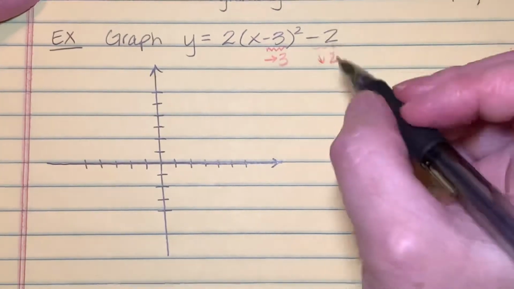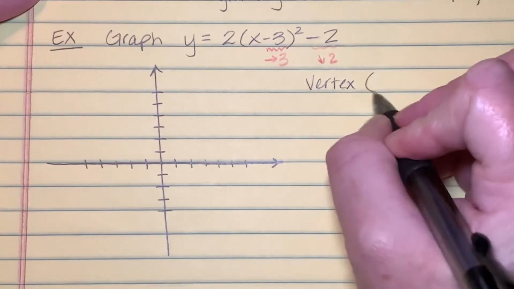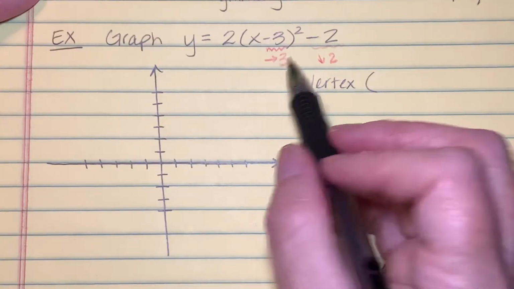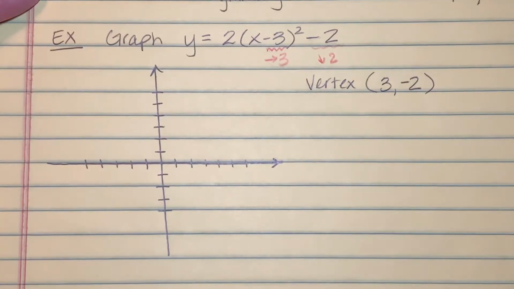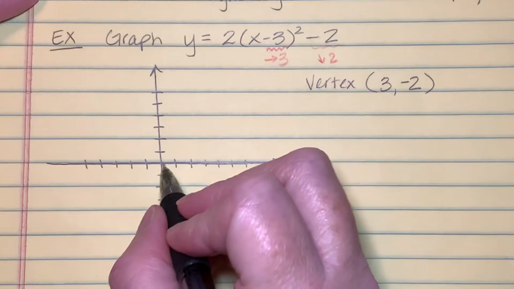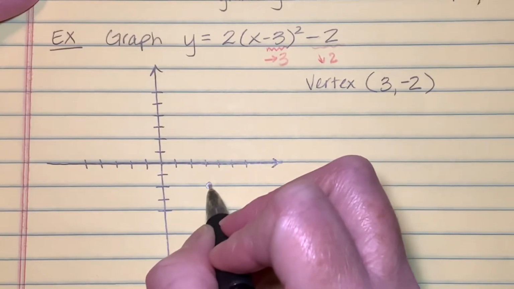So as I label my vertex, my vertex is going to be at (3, -2). We know that already without even having to graph. So I'm going to go right 3, down 2, and put my vertex right there.